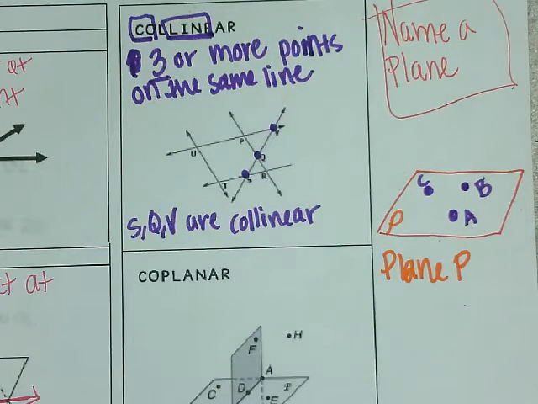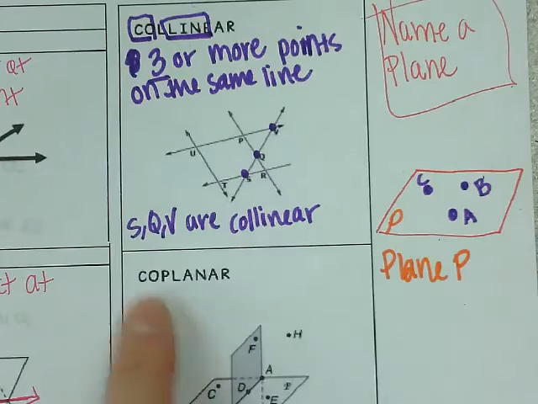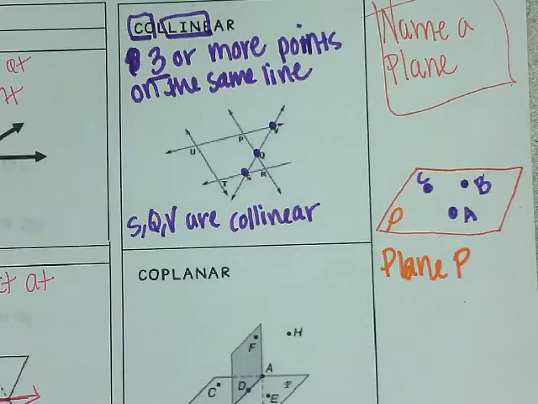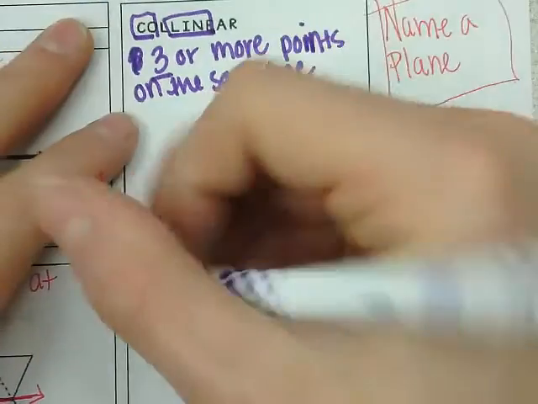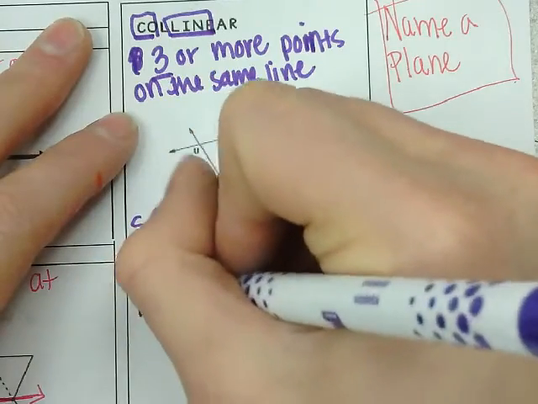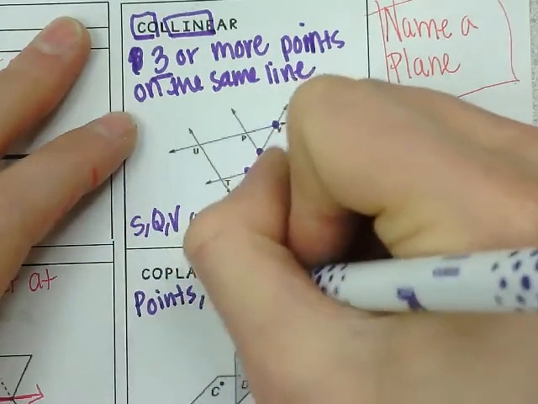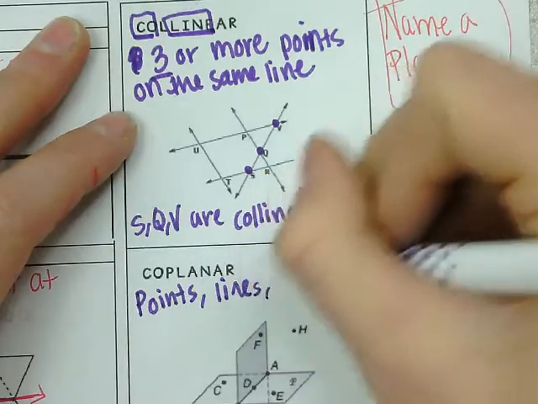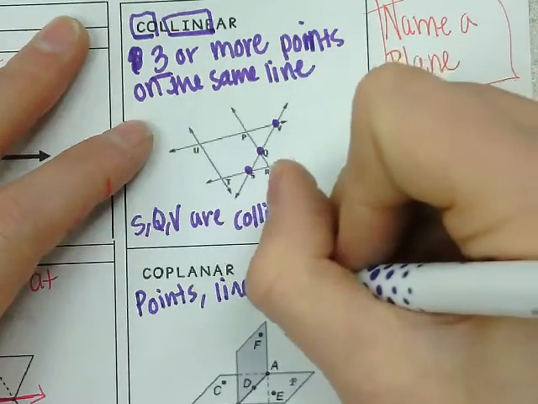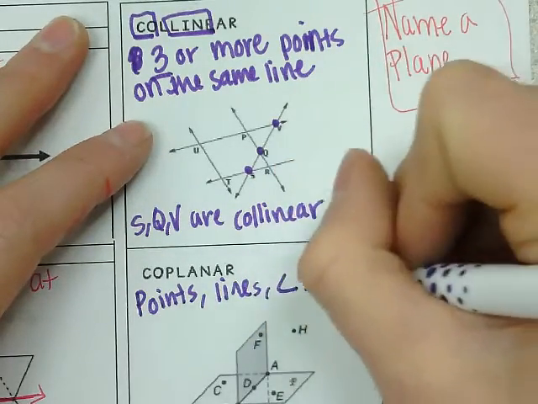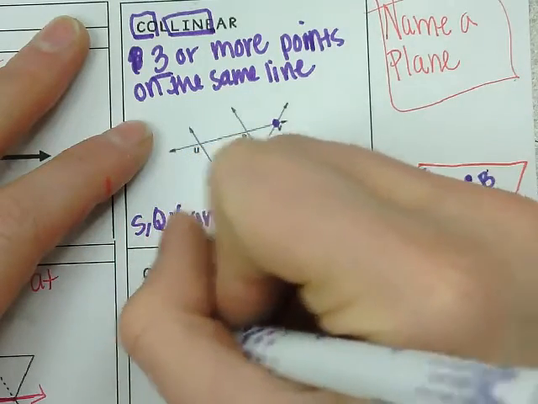All right, if collinear means on the same line, what do you think coplanar means? On the same plane. So points, lines, line segments, and angles on the same plane.